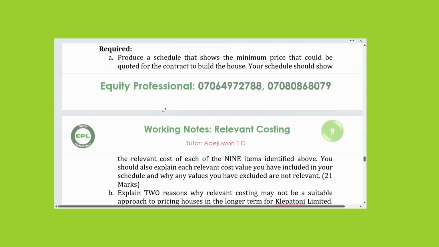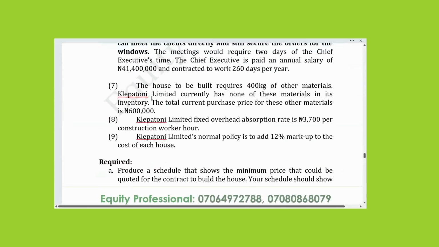That's what the examiner told you. Look at the information here. You are told that the house to be built requires 400 kilogram of other materials. Clepatoni Limited currently has none of these materials in inventory. The total current purchase price for this other material is 600,000. So the entire 400 kilogram is purchased for 600,000.